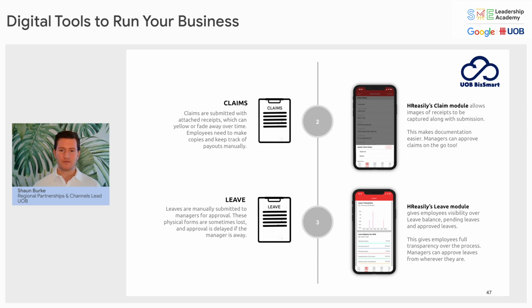From claims and leave, similarly, it all happens through an app. It means they're not having to go to different web spaces to do these things. It also means you're not having to pay for various different tools to do them, and you're not having to teach them different sets of rules for different applications.